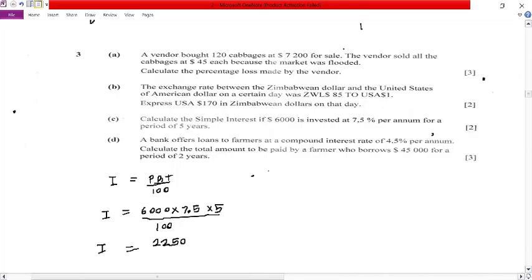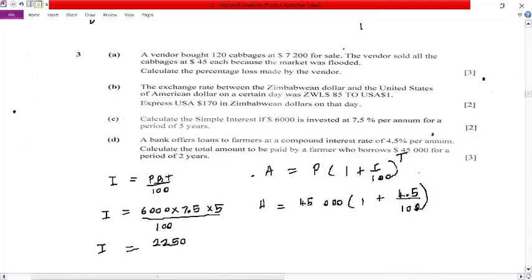So we use the formula A is equals to P open bracket 1 plus R over 100 to the power T. Then A is equals to 45,000 open bracket 1 plus R, which is the rate, which is 4.5, all over 100 to the power T, which is to the power 2.